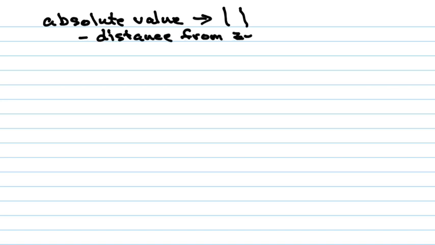and you're not going to be responsible for this right now, but you can be. Absolute value is represented by those two upright bars, right? And the absolute value simply means the distance from 0. And as a distance, it can never be negative.